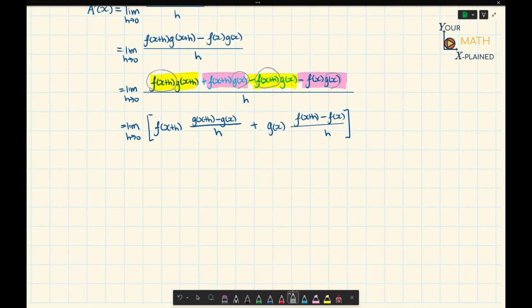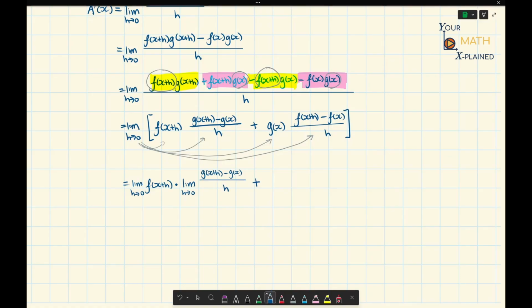Recall that we can apply this limit law to each of those terms individually. So we can apply our limit to these four terms separately, which means this is going to be equal to the limit as h approaches 0 of f of x plus h multiplied by the limit as h approaches 0 of g of x plus h minus g of x over h.